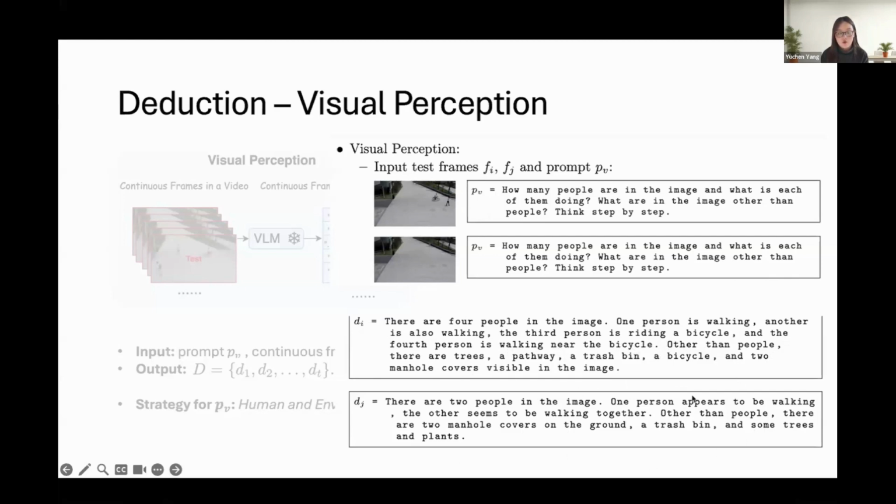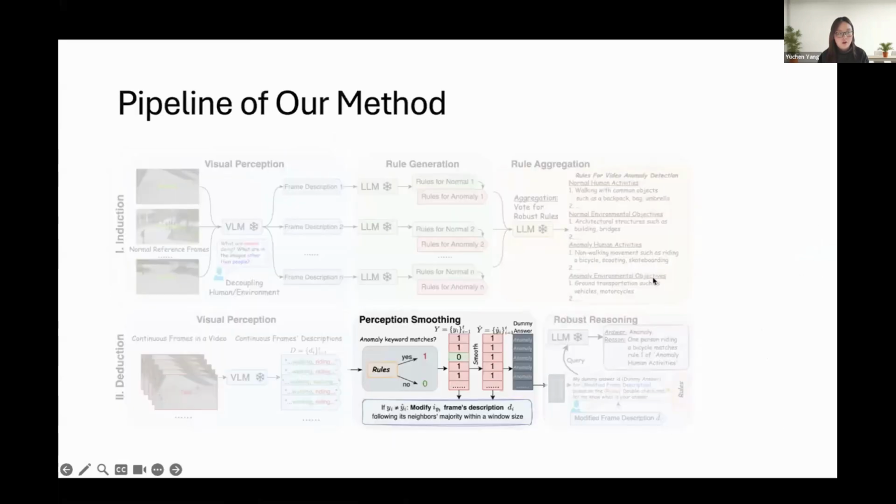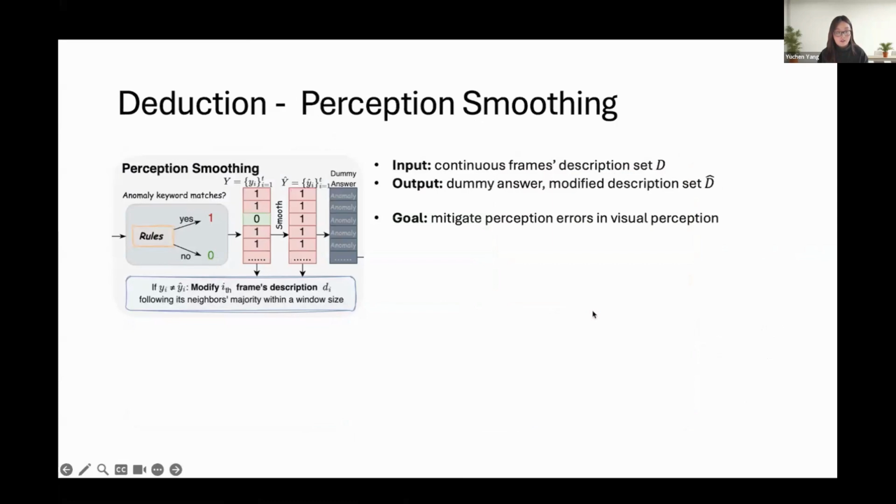For the normal frame, it also gives a description, like one person walking and another person also walking, and other than people, there are environment objects, and so on. After we get these frame descriptions, we will do a perception smoothing, because as we mentioned before, there might be errors in the perception stage, and we try to mitigate them.